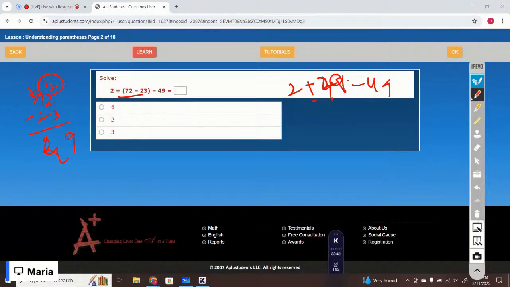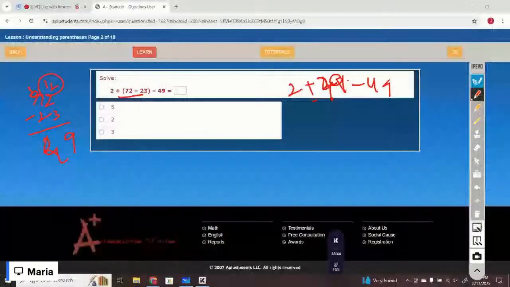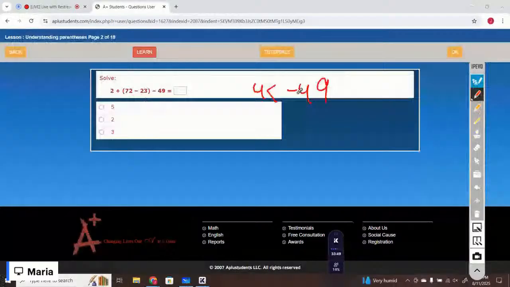So hold on. 72 minus 23 is 49. So 49 minus 49 is 0. We are left with just 2. Option number D is the correct option.